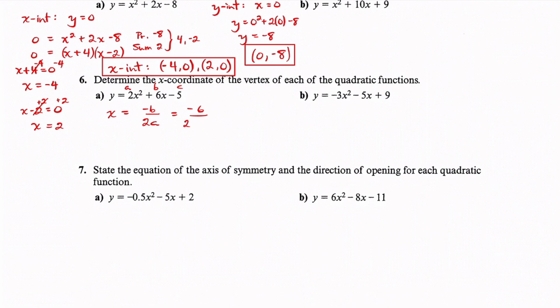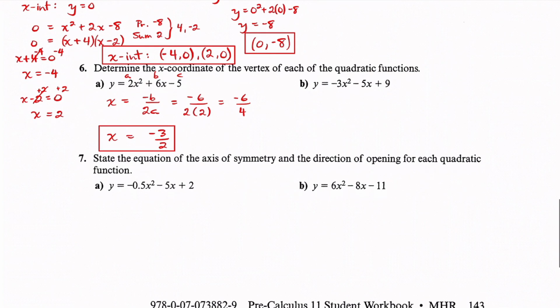And then in the denominator, we got 2 times a, and a is a 2. So that's going to give me negative 6 over 2 times 2 is 4. And then if I simplify that, that just gives me negative 3 over 2. Okay, so that one wasn't too bad. Goes by quick as long as you know this. Got to remember that: x equals negative b over 2a.